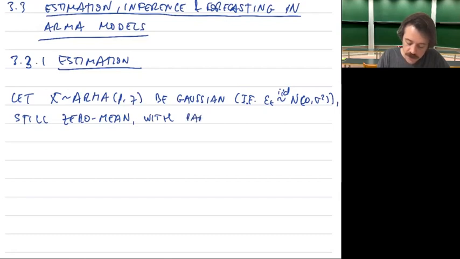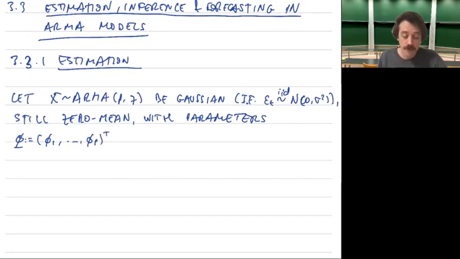With parameters, generally we would have this separately, but let me put them together into vectors. So phi is going to be phi 1 to phi p, these are the p ones from the AR bit of the ARMA process. And then we also have this theta, that is what you expect.